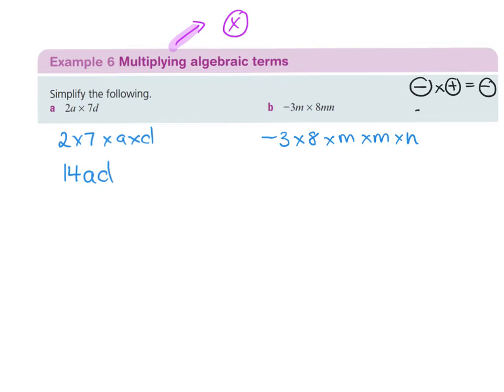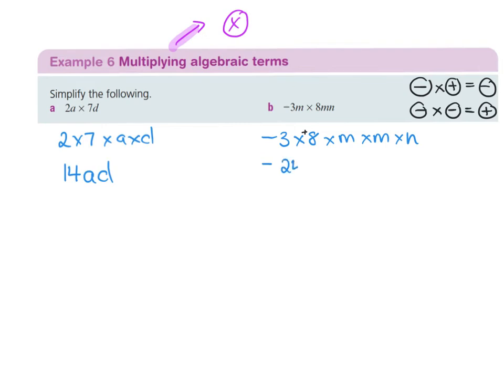If we have a negative multiplied by a negative, what do we get? Positive. So here I've got a negative multiplied by a positive, so I'm going to get a negative. I know it'll be a negative. So then what's 3 times 8?